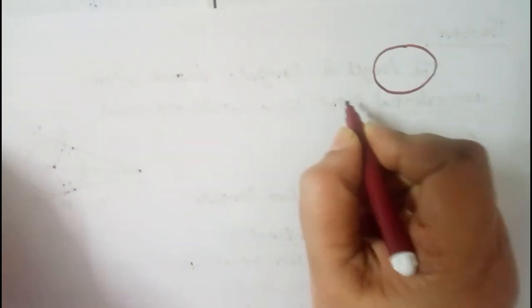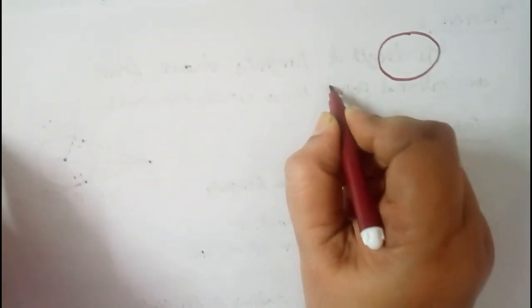The relation between tangent and radius: suppose P is an external point to the circle, PA is a tangent, OA is the radius. What is the relation between tangent and radius?